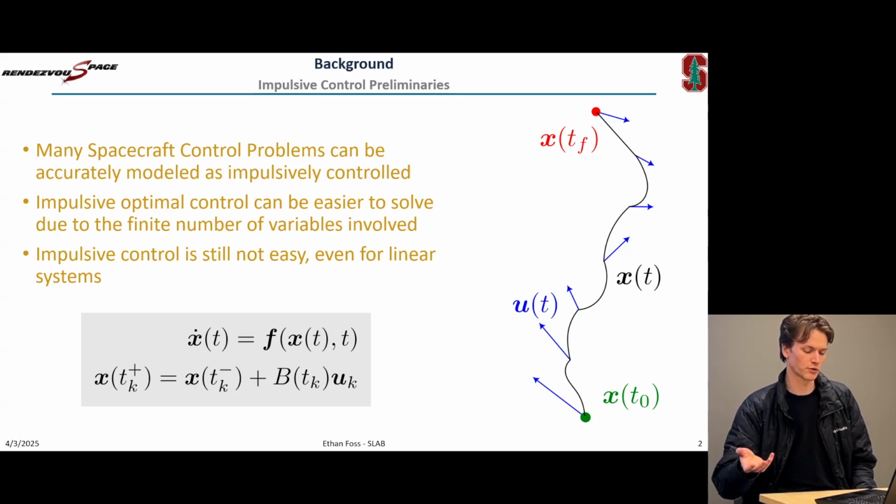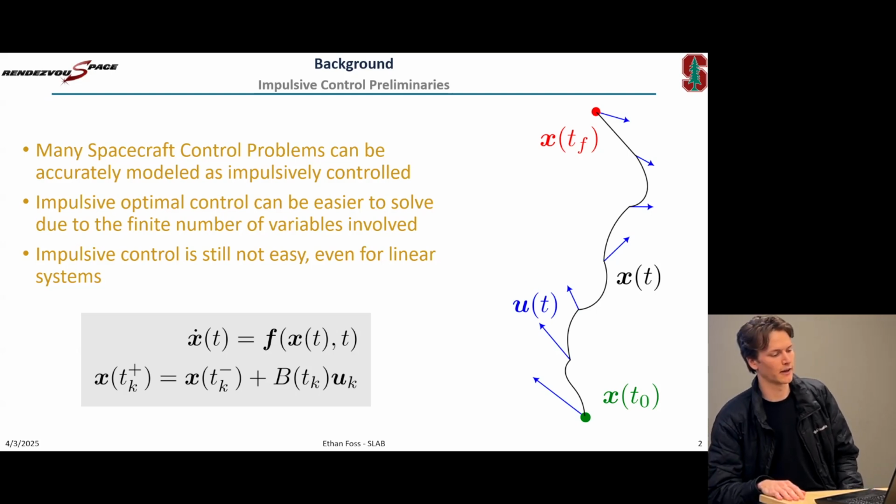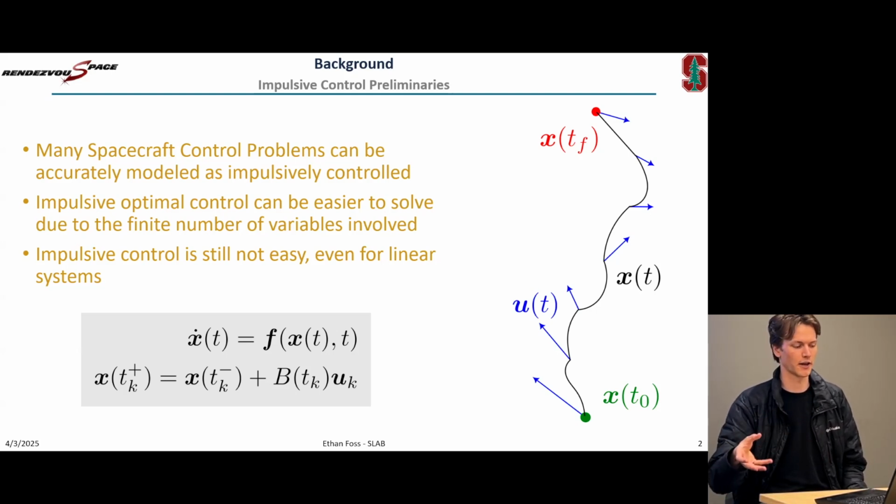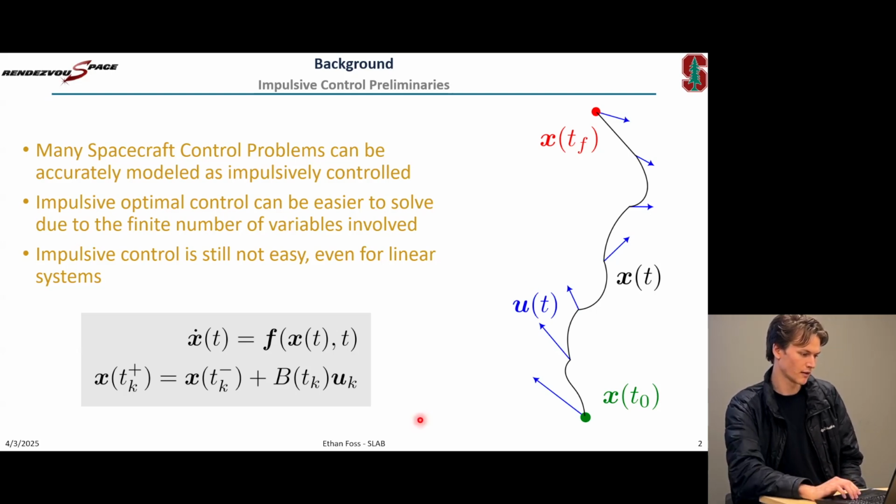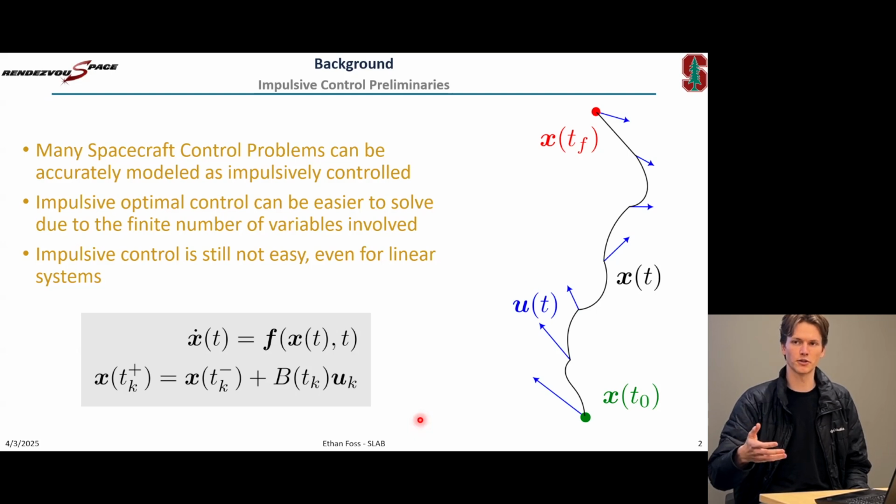Impulsive control is typically very relevant for spacecraft, since the long time scales that are operated over and the high thrust that the spacecraft can achieve make it so that the problem can be modeled as an impulsive control problem, which is typically a bit easier to solve than the continuous time control cases. Obviously, there are caveats to this. This isn't always true.